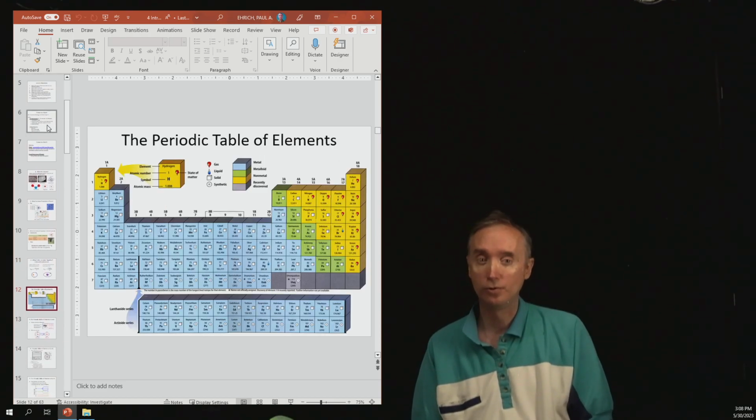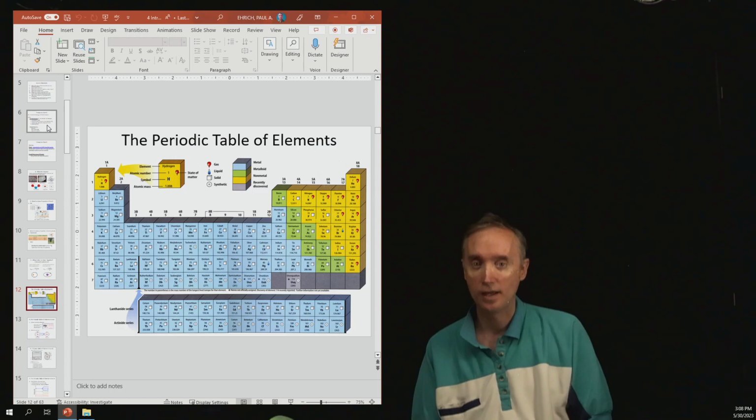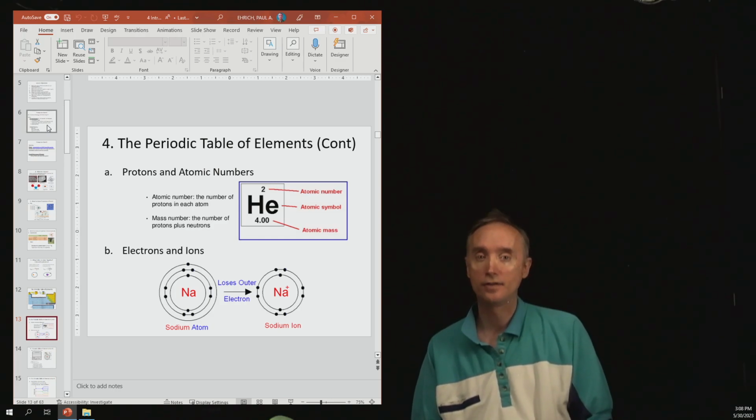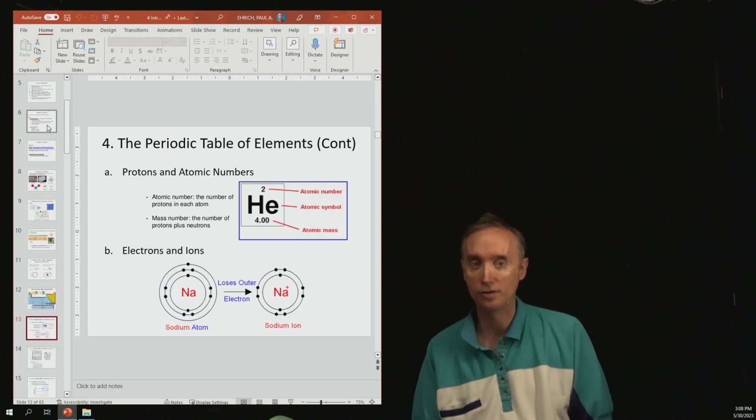All right, now you will be given a periodic table for the exam, and so you should be able to read it. So know what the numbers mean on the periodic table of elements. You should know that the number that does not have a decimal point is called the atomic number, and that's going to be the number of protons in its nucleus.